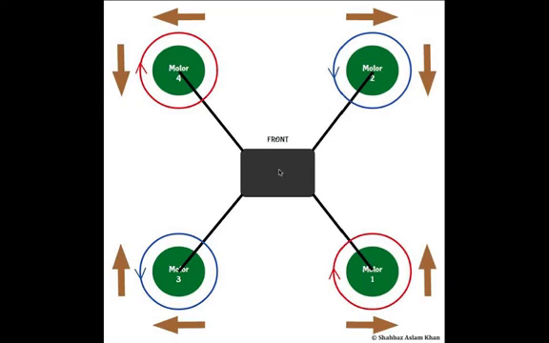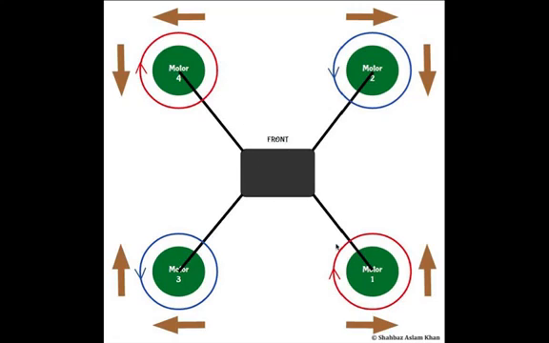So if you want to spin the quadcopter, let's say if you want to spin it anti-clockwise, what you will do is you have to increase these forces with respect to these forces. So you increase the speed on motor number 1 and 4 compared to motor number 2 and 3.